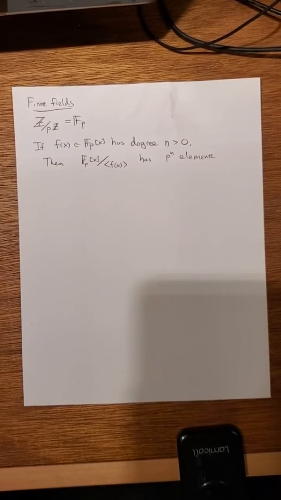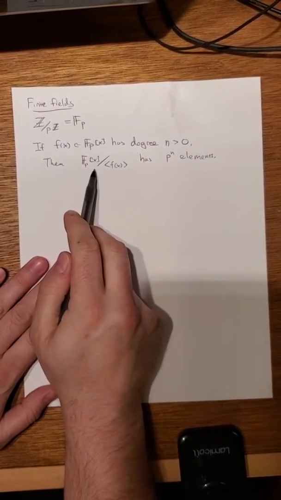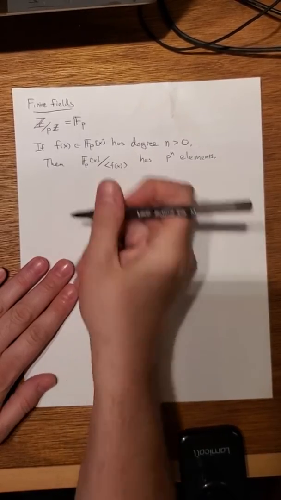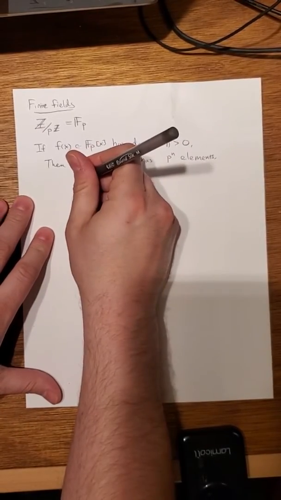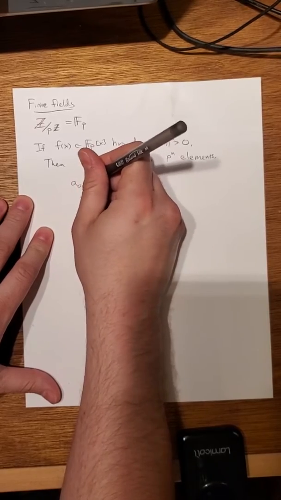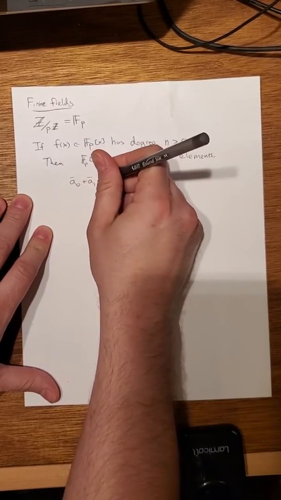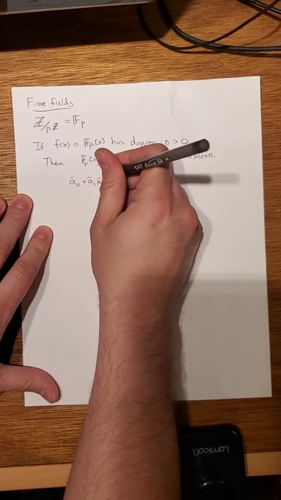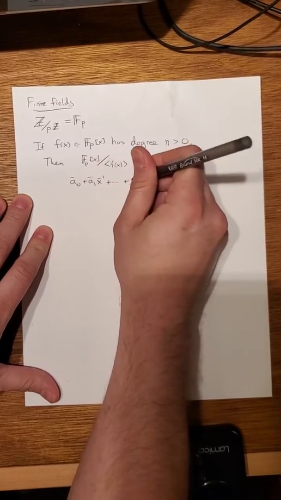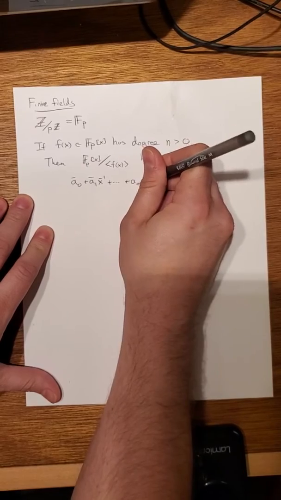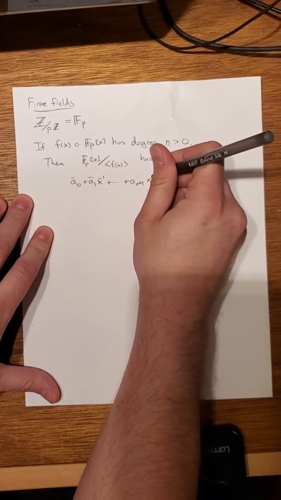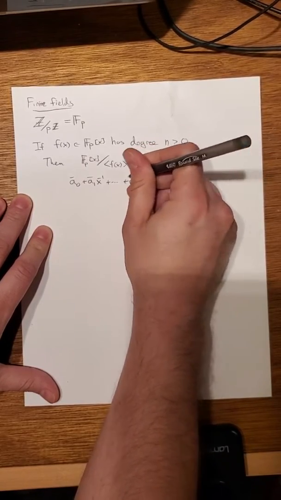But let's just think through it. I mean, the elements in here can be written uniquely as a0 plus a1 x to the 1 plus dot dot dot plus a_{n-1} x to the n minus 1.